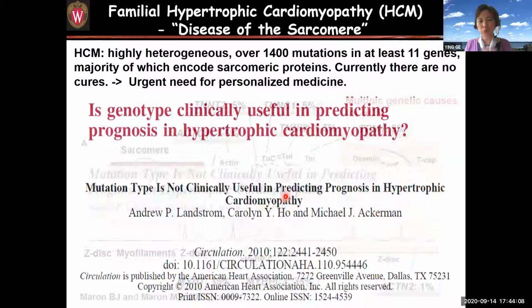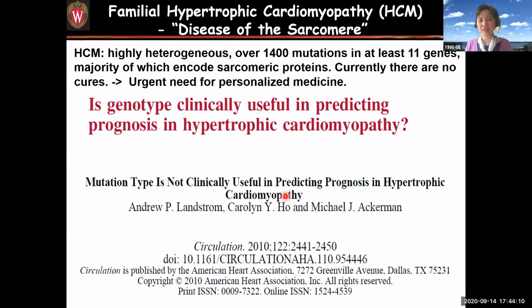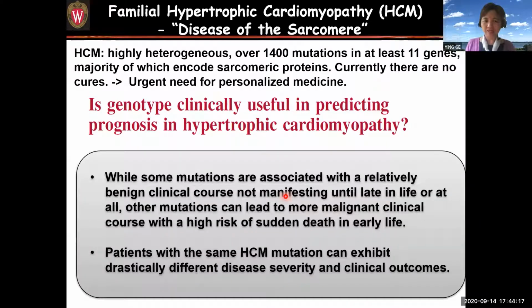To make things worse, the genotype is not clinically useful in predicting the prognosis in HCM, because some of the mutations associated with a relatively benign clinical course are not manifesting until late in life, but other mutations lead to a more malignant clinical course, and patients die at an early stage. And even patients with the same mutation can exhibit different disease severity.